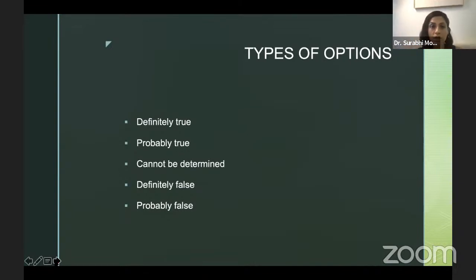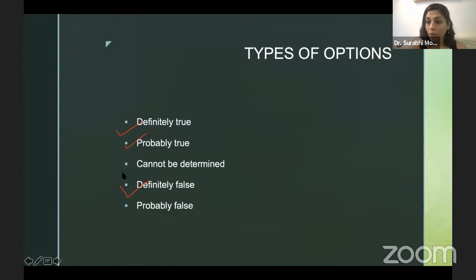So this is the final option type that you are going to get. You do not get 5 types of options. You get 4 from this list. So your decision has to be whether this option is definitely true or definitely false. Between truth, you also have a choice of definitely and probably true.